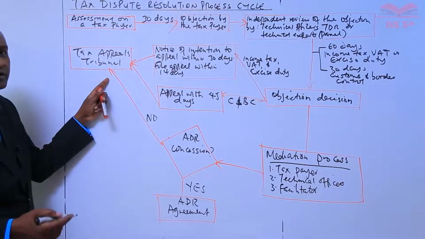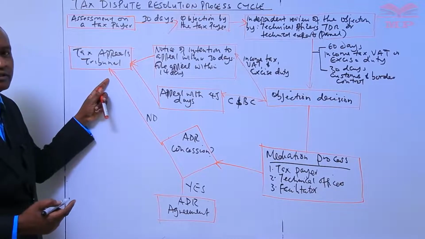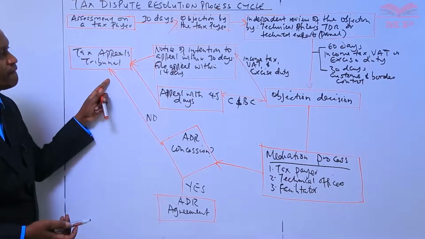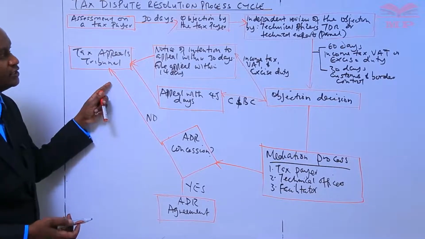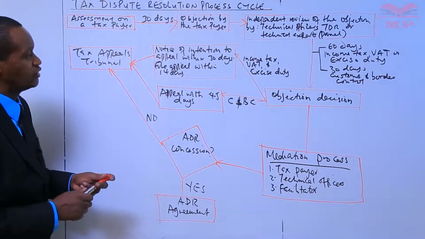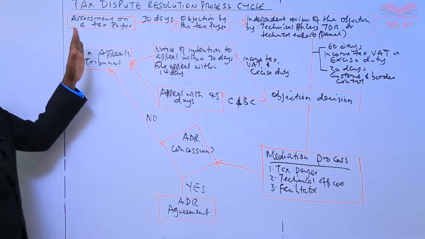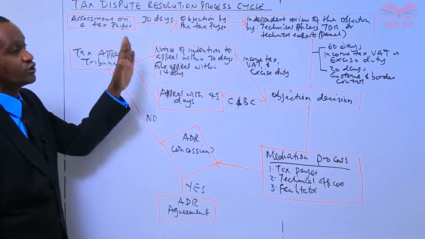All right, is that clear, learners? That is the tax dispute resolution process. It is as simple as that. If you followed our last discussion, then this is it. This is the process, the tax dispute resolution process cycle.